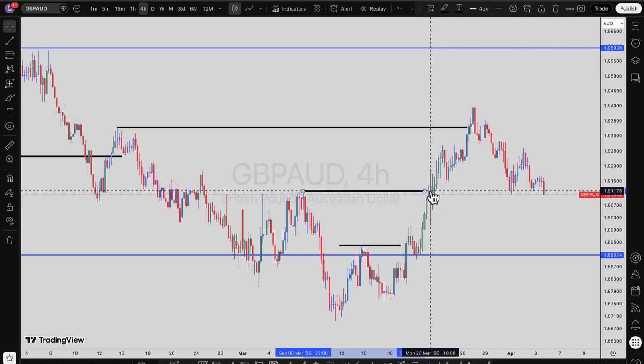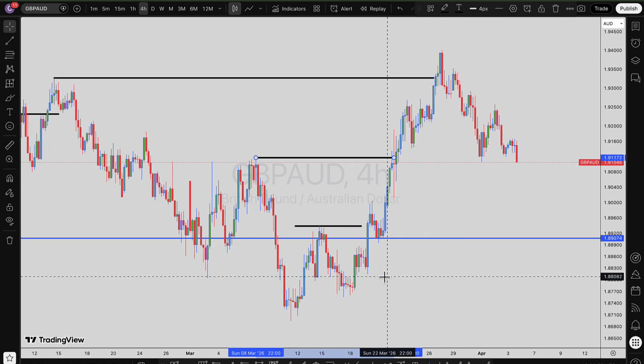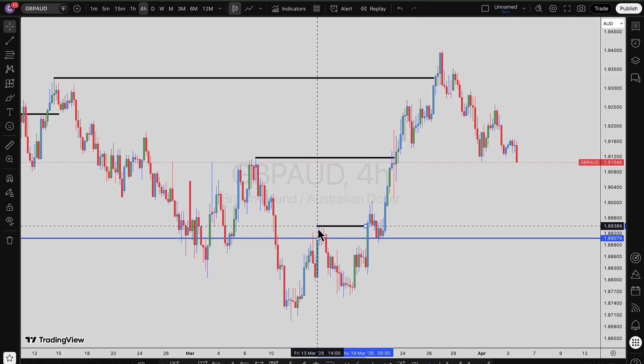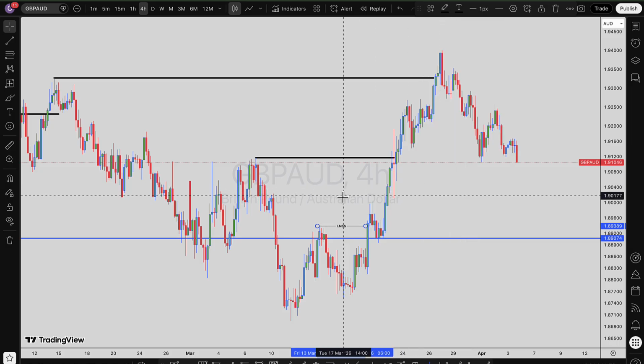So now price is gravitating all the way down, and on the 4-hour chart, we have our first internal market structure shift. You can see that.